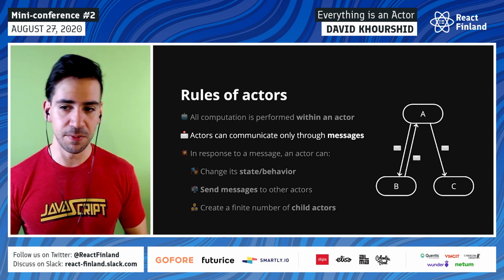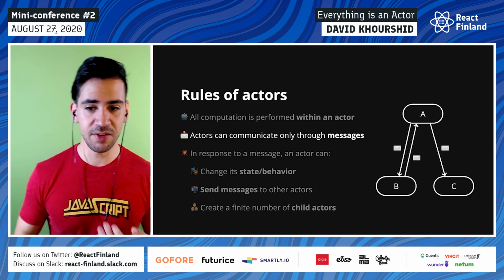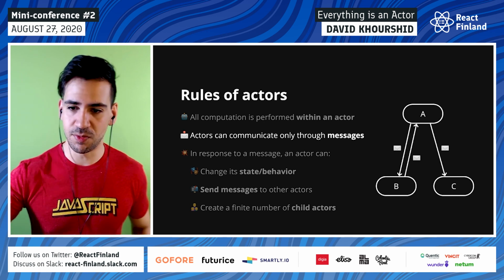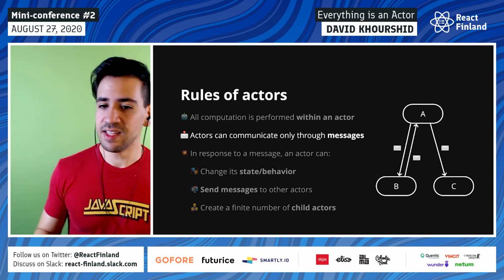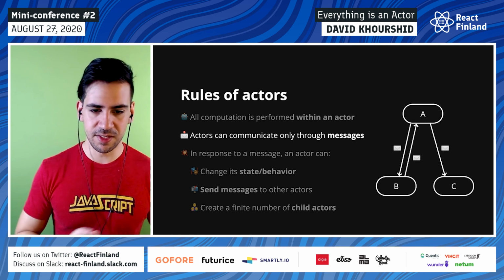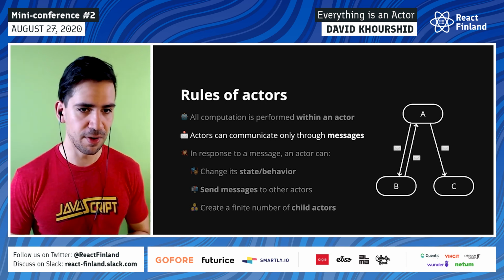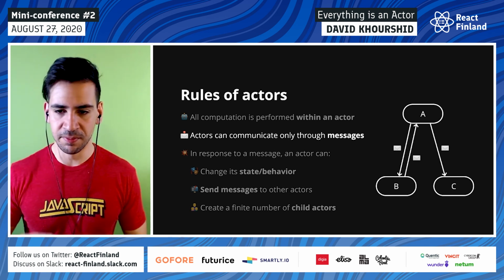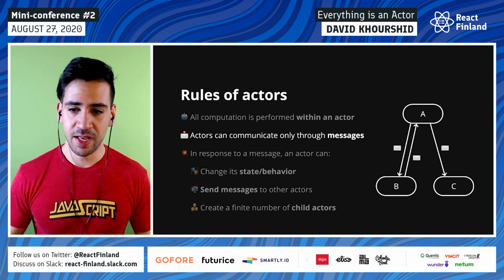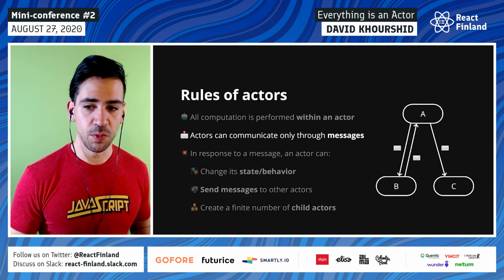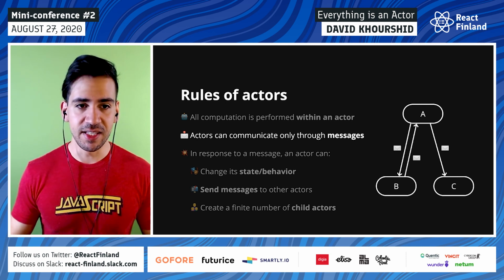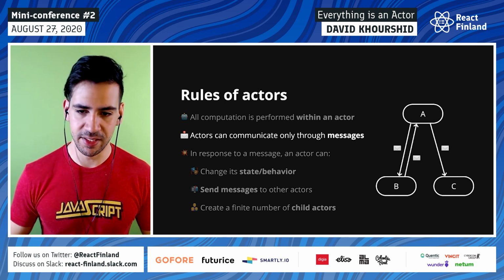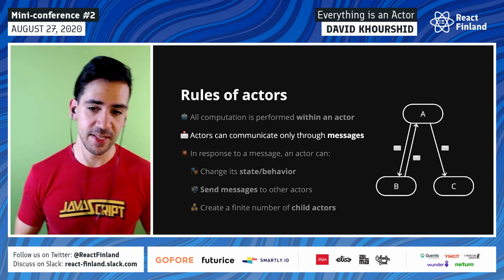Messages are immutable, which provides a guarantee of no shared state between actors. And so this itself defeats a whole host of concurrency problems like deadlocks and race conditions and things like that. If one actor wanted to read another actor's state, it needs to ask it via a message, or needs to be told via a message.